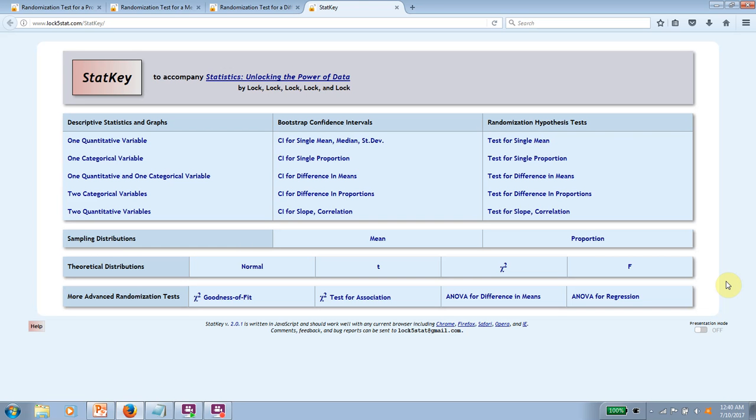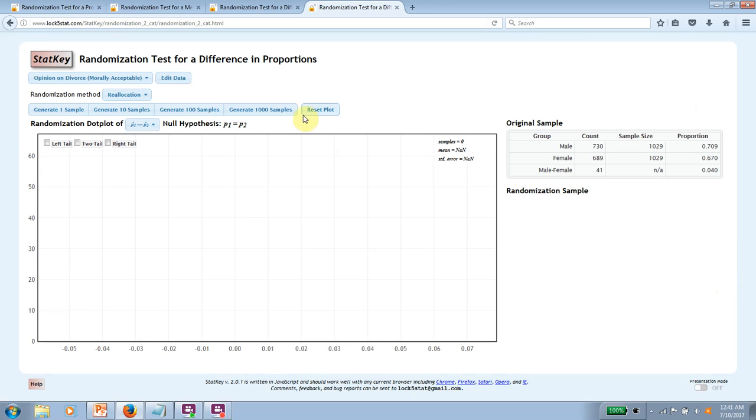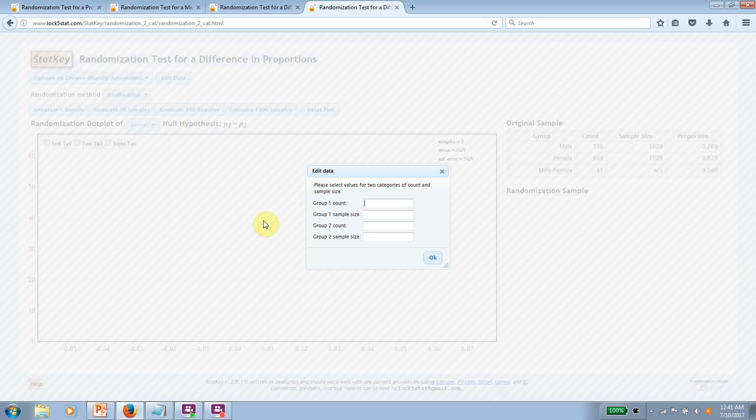And we can also generate this one in StatKey. This should be the difference of proportions. So I need to get the sample proportions in there: 123 out of 409 for less than 40,000 and 110 out of 180 for greater than 80,000.